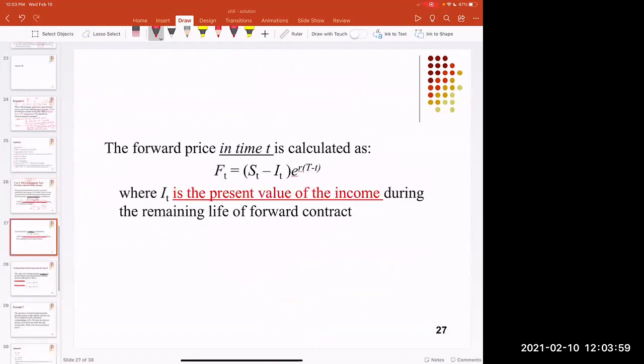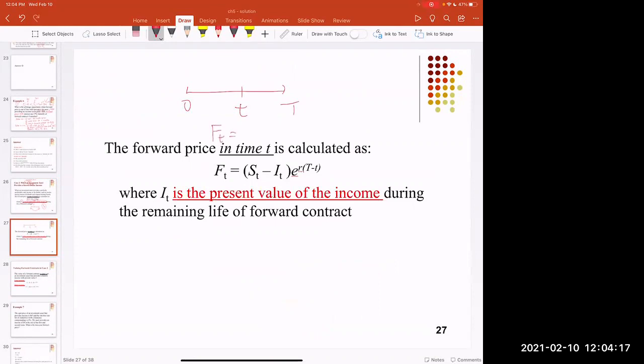And what about the forward price at time t? So forward price at time t could be any time between 0 and T. So this generates a formula for the forward price.